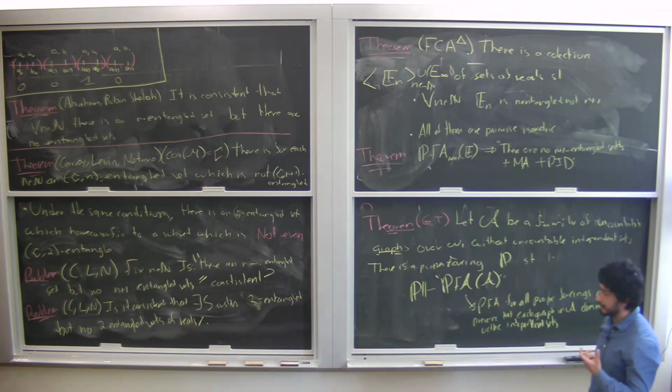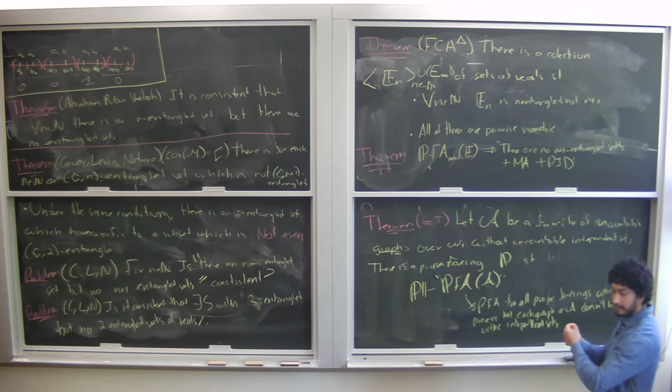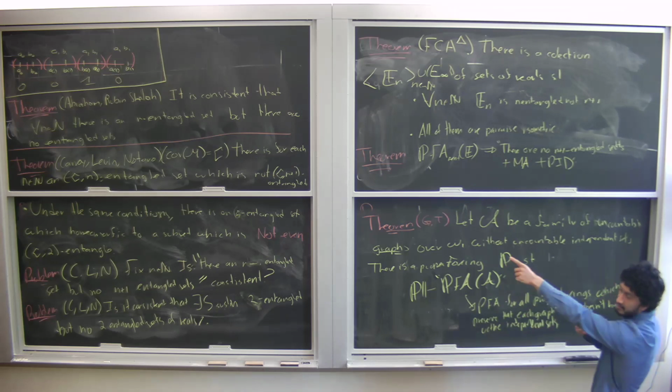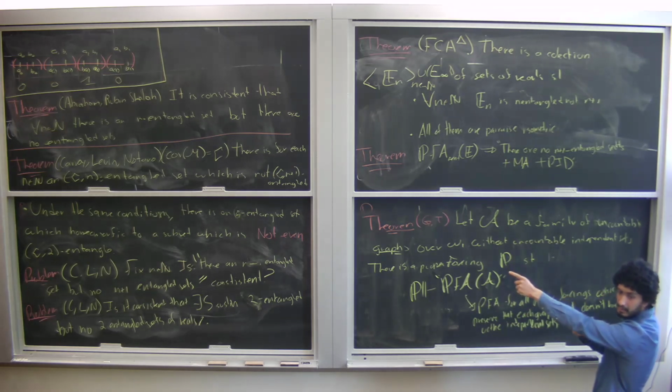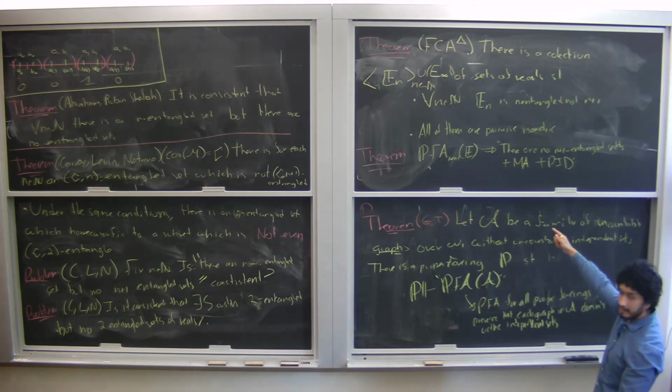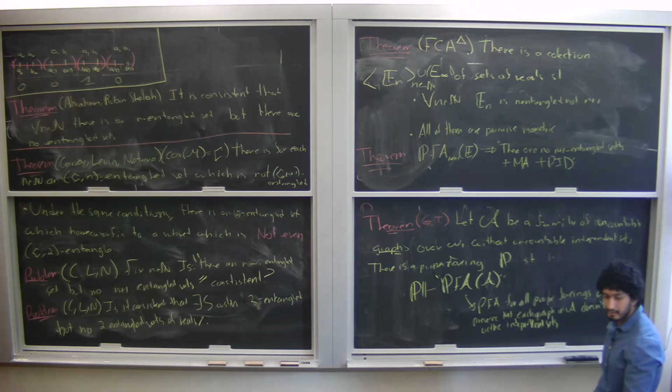That if you have an n-entangled set, then you can define for each set of the real numbers the graph, let's say G sub tau, whose vertices are the elements of the set and whose edges are the pairs of vertices whose type is not tau. And a set is n-entangled if and only if none of those graphs have an uncountable independent set.